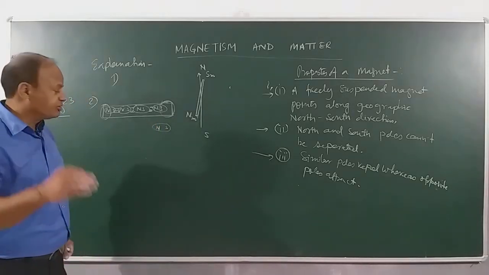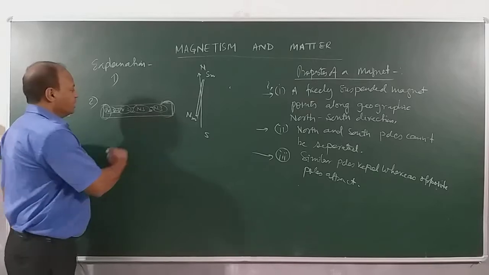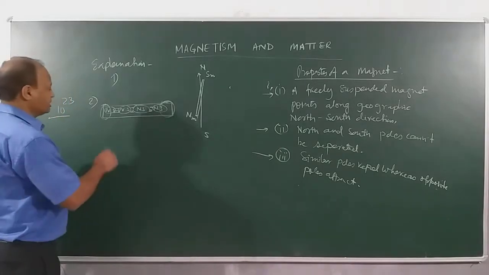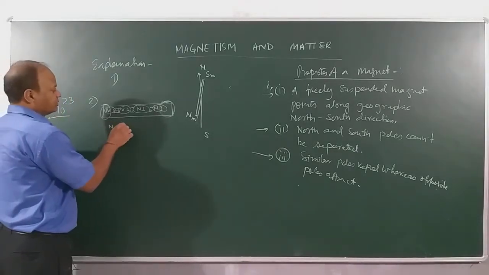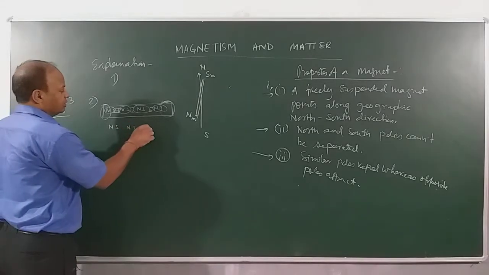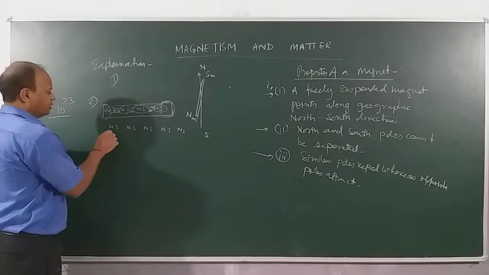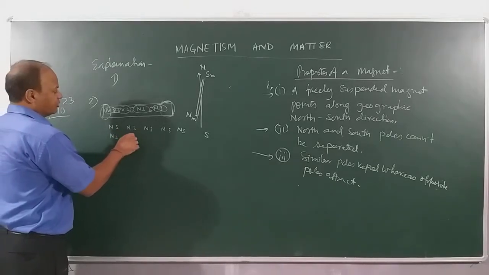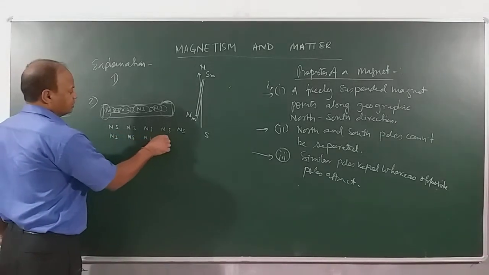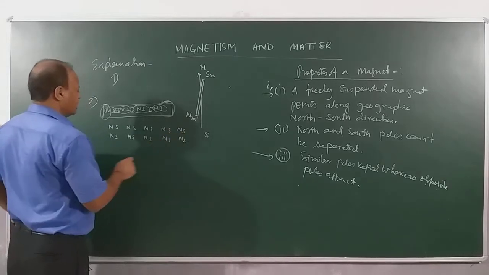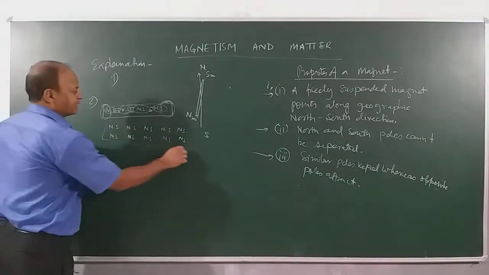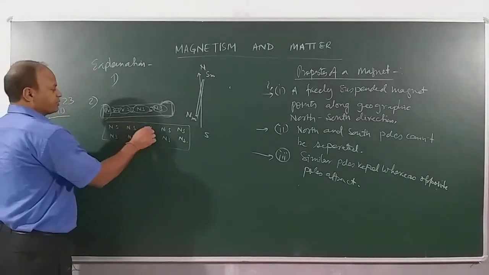However, there is something very interesting in this discussion. If you look at the magnet as a whole, this is how we are getting north, south, north, south. This is a molecular magnet, north, south, north, south. Another row, north, south, north, south, and so on. So you can see that along the length of the magnet, these north-south poles are neutralizing.